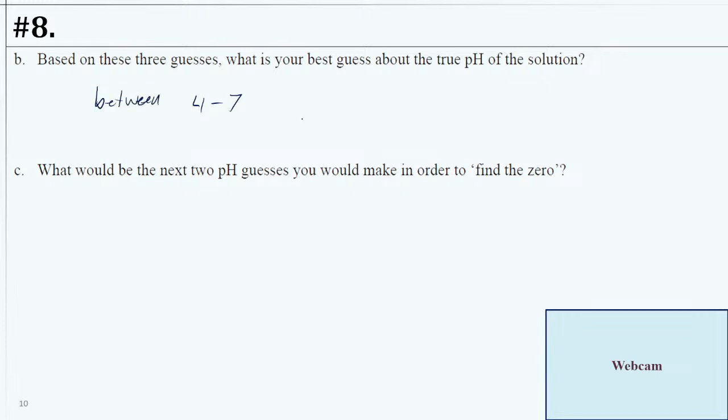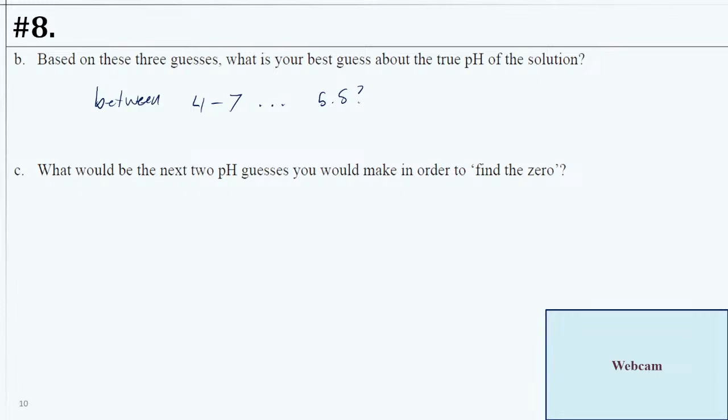So literally on my paper, I think I wrote, how about 5.5? That's the notes I took as the right answer between these 2 numbers, maybe 5.5 as a guess. So with that in mind, the last question asks what would be the next 2 pH guesses you would make in order to find the 0?